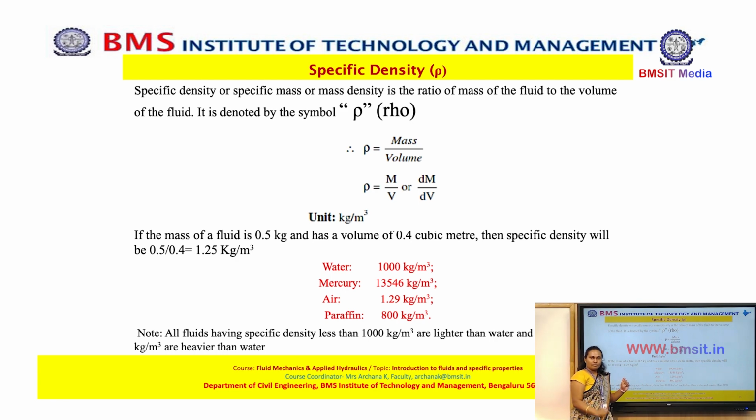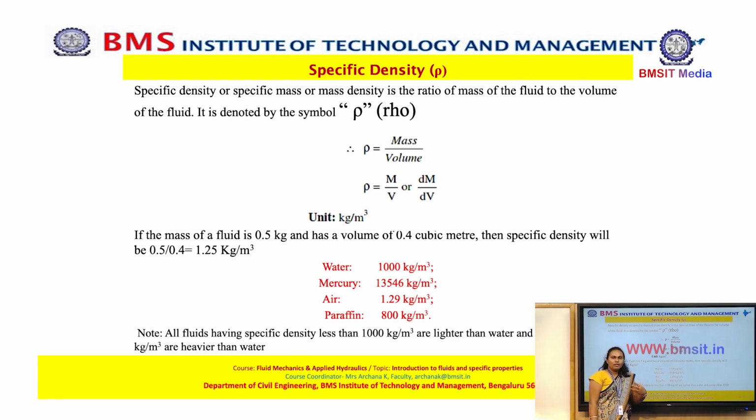So to give an example, if the mass of the fluid is 0.5 kg but it has a volume of 0.4 cubic meter, then the specific density will be 0.5 divided by 0.4, that is mass of 0.5 kg divided by 0.4, which will be 1.25 kg per meter cube.